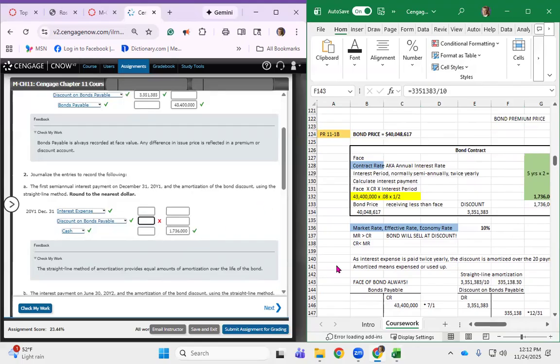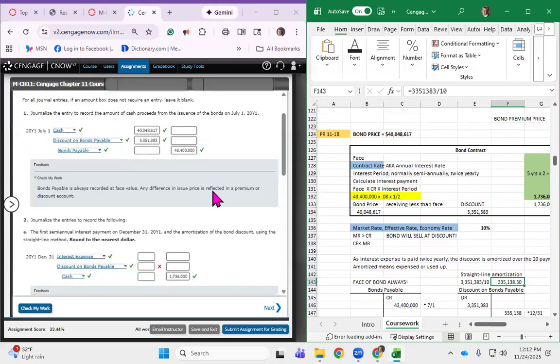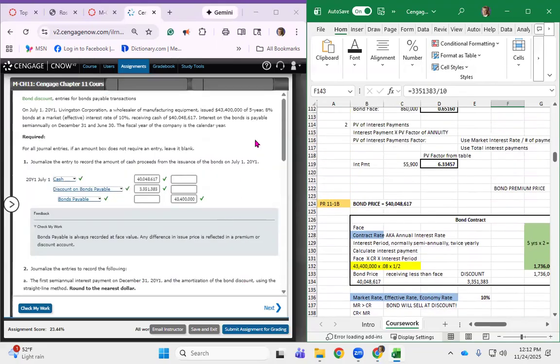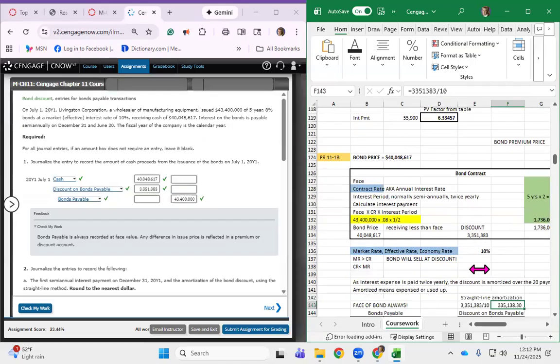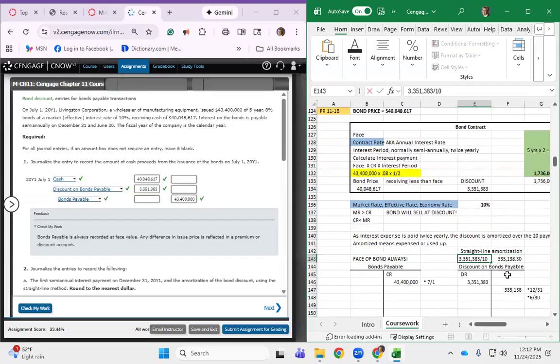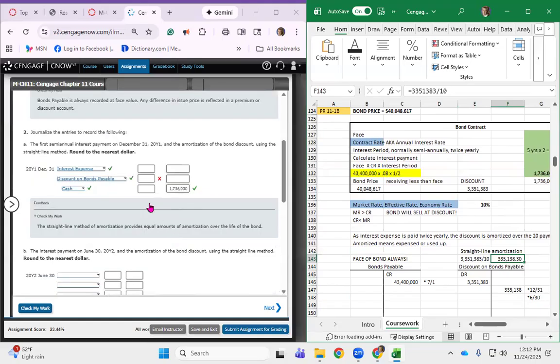Just a second, sorry about that. Here is my discount. Let me make sure I have a 5-year semi-annual, so that makes 10 payments. So then I'm going to divide by 10, and I got 335,138. And it didn't want to take that.